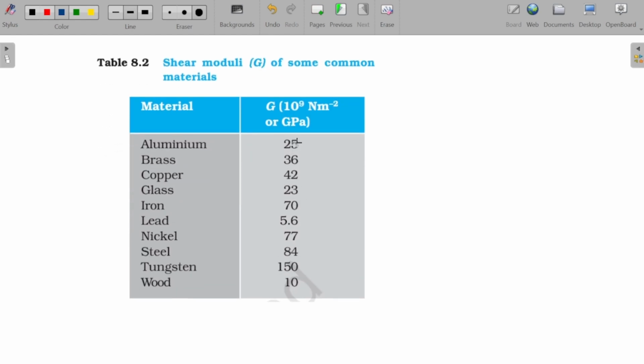Here we have aluminium, brass, in gigapascal, meaning 10 to the power 9. The prefix used for 10 to the power 9 is giga; for 10 to the power 6 we use mega, and for 10 to the power 3 we use kilo, and so on.